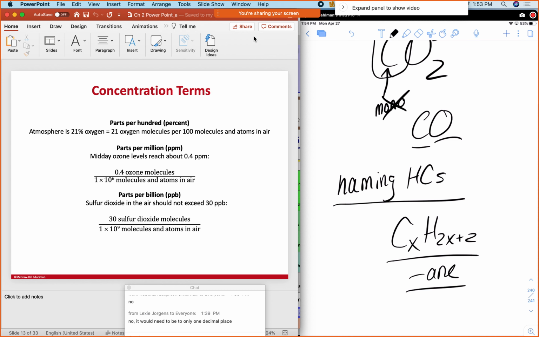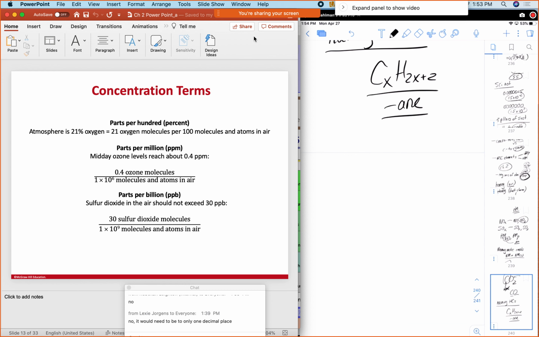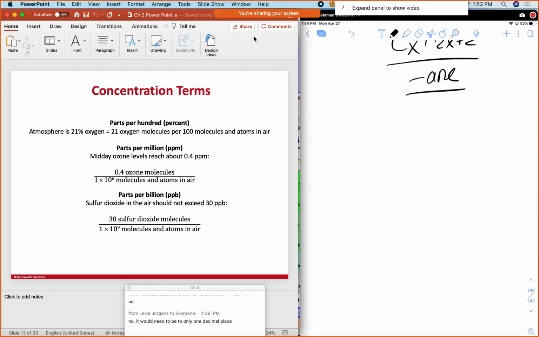All right, and then concentrations. So concentration units, you should know the difference between a ppm, so going back and forth to percent.